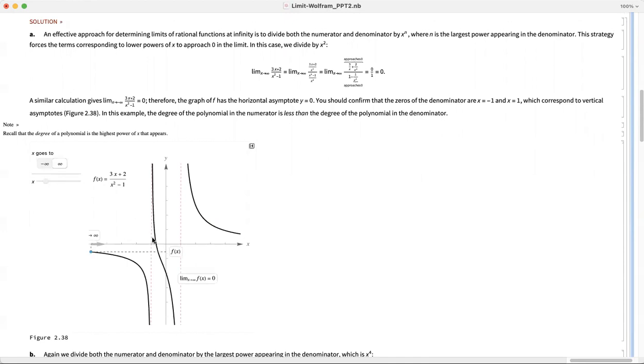And also as x approaches negative 1 from the left hand side, the graph goes to negative infinity. Okay, and then it makes sense. If x approaches negative 1 from the left hand side, then x squared minus 1 approaches 0 but it is positive.